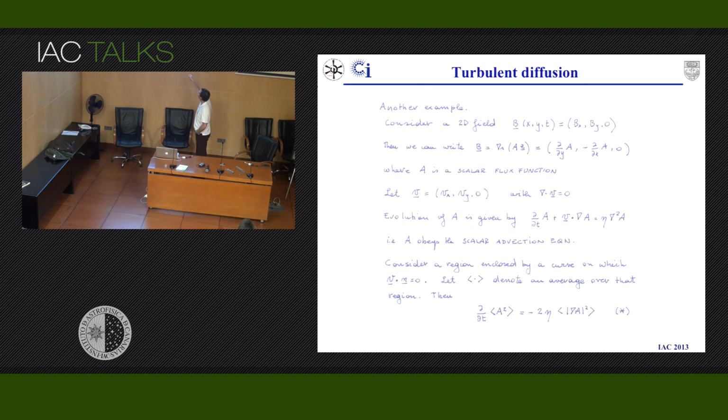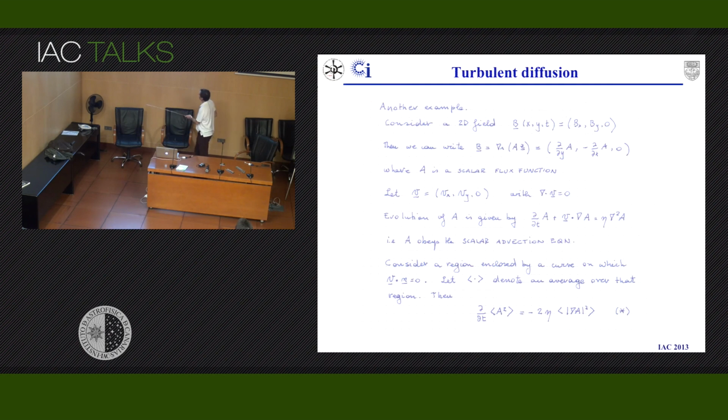If you substitute that thing over there into the induction equation, you find that the evolution equation for A, for the flux function, is just the scalar advection equation plus diffusion. So the vector potential is carried around by the fluid and is diffused. Okay? It obeys a scalar advection diffusion equation.